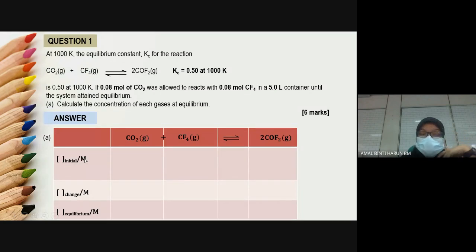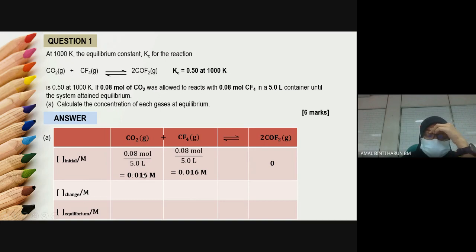We have the initial number of moles, so we find the molarity. The volume given is 5 liters. These are all gases, so mole over volume gives molarity. The concentration is 0.016.